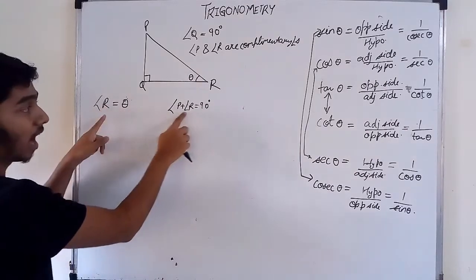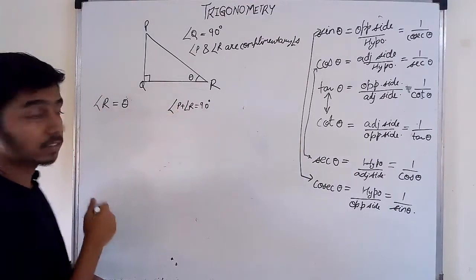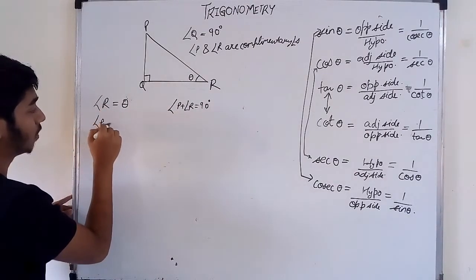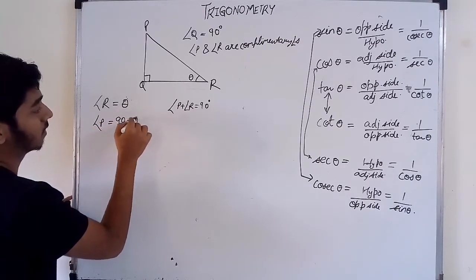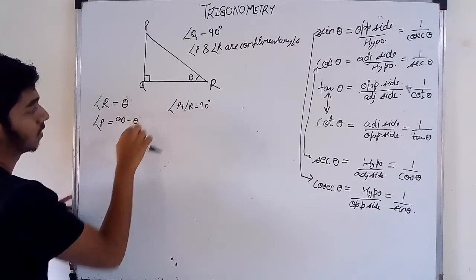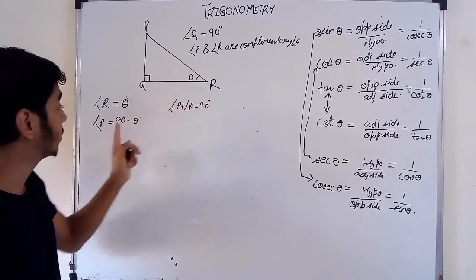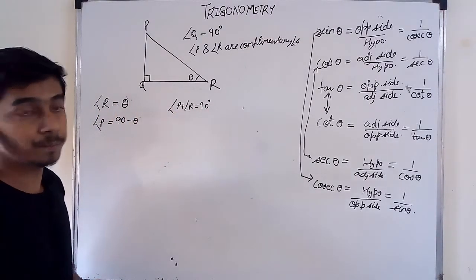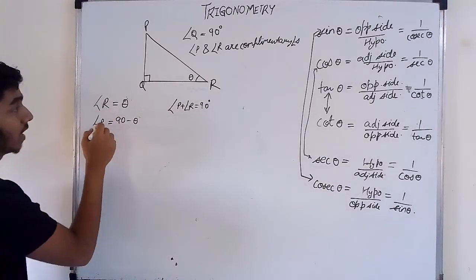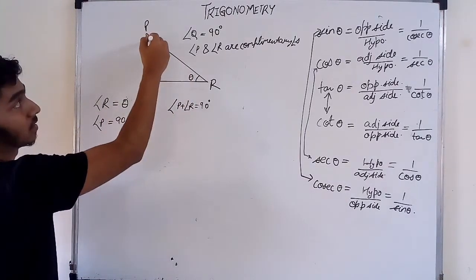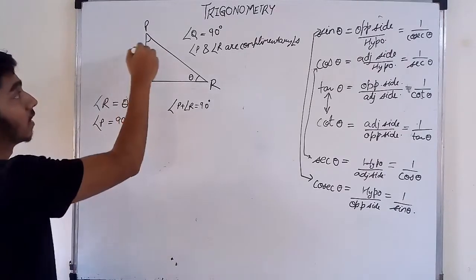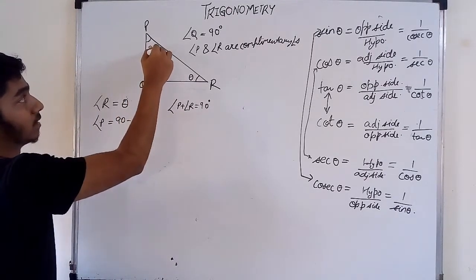Therefore, if I put R as theta, what will I get angle P as? Angle P will be 90 minus theta. Yes or no? If R is theta, then P will be 90 minus theta.